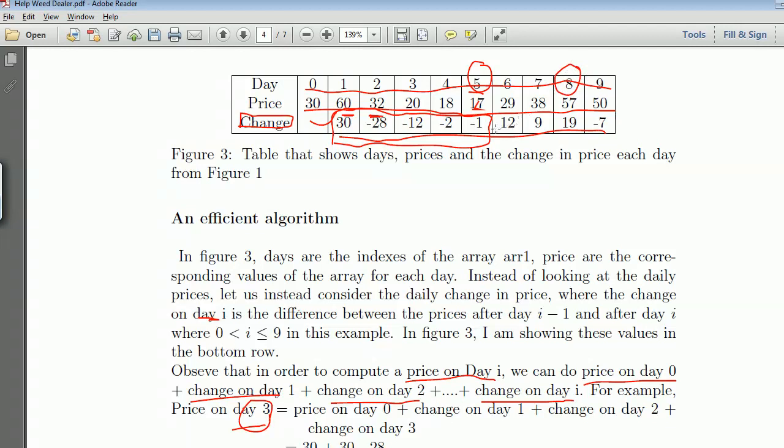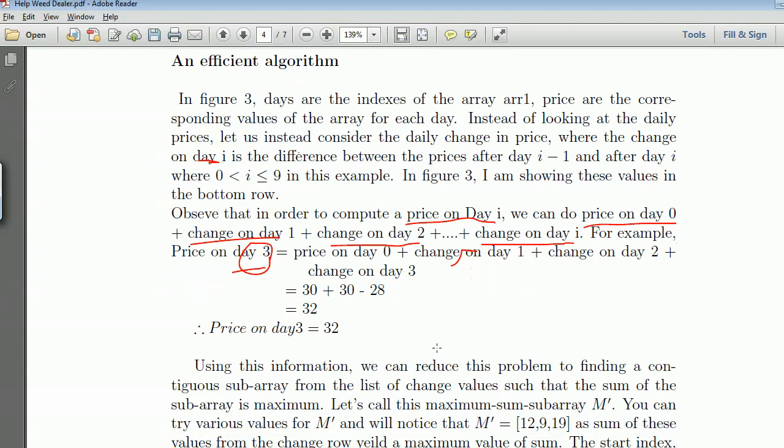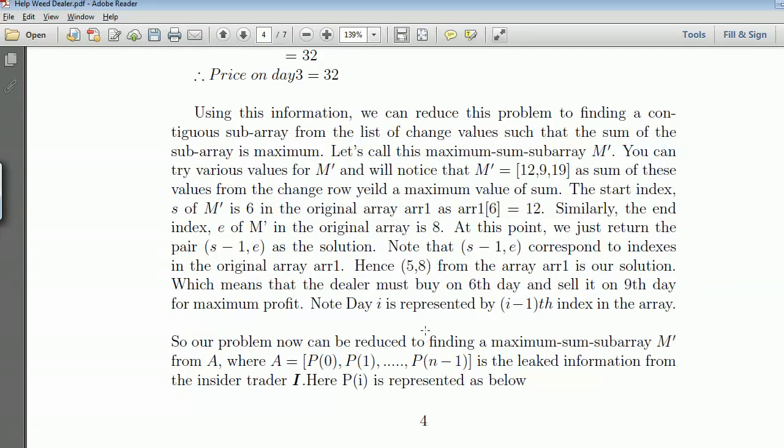Okay. Because the net increase is 40, which is the highest, and one way to get the net increase is to add these three: 12 plus 9 plus 19, which is 40. Okay, so that is why we want to find a contiguous subarray whose sum is maximum.